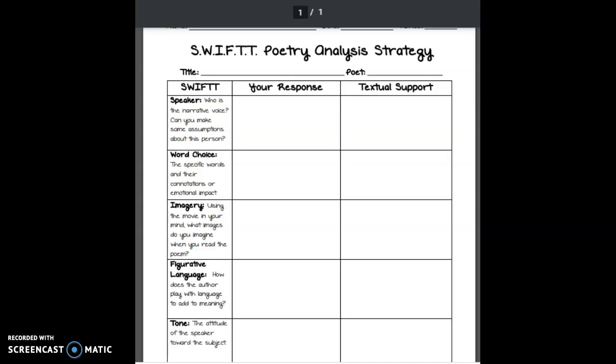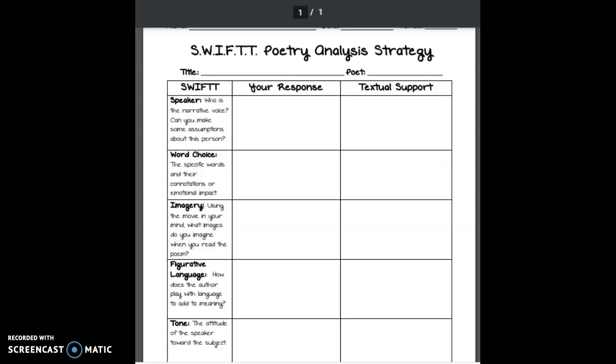So we want to look at all of those figurative language devices that authors use to help paint a picture in our minds, such as metaphors, similes, personification, onomatopoeia, so forth and so on. And there is a chart stand in our classroom that you can refer to if you need a little memory jogger for those.